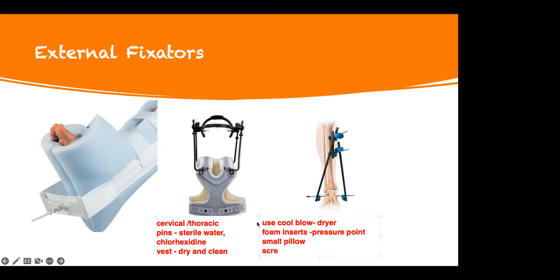The screws and the pins, nobody touches them except the MD. You, the nurse, what do you do? Have a wrench at bedside for the doctor to use, or provide one for the patient to bring to clinic every time, but they cannot change it.